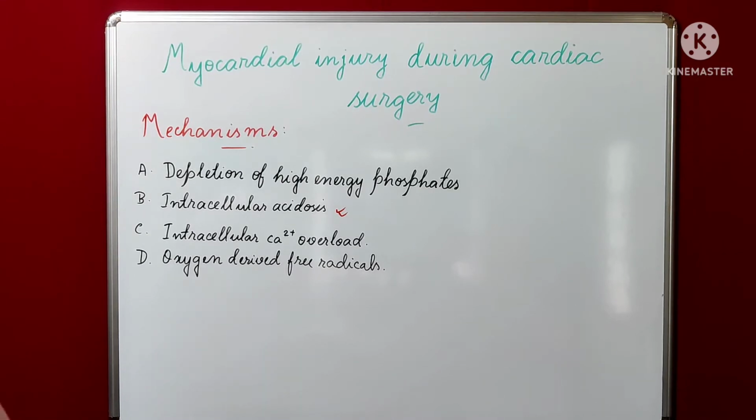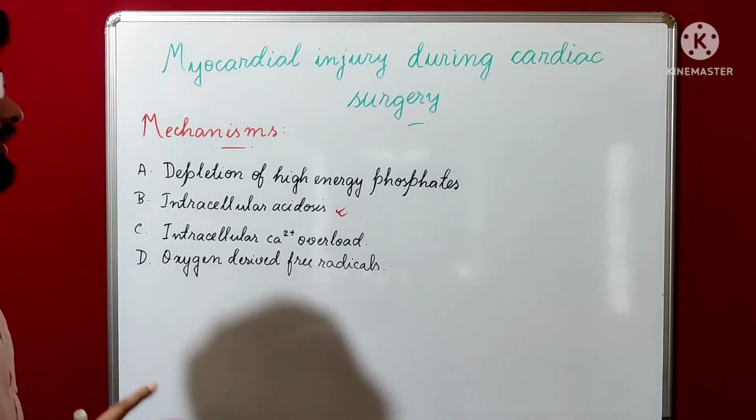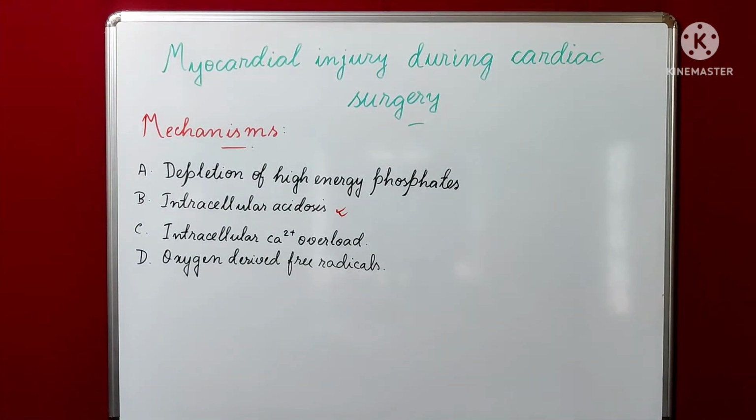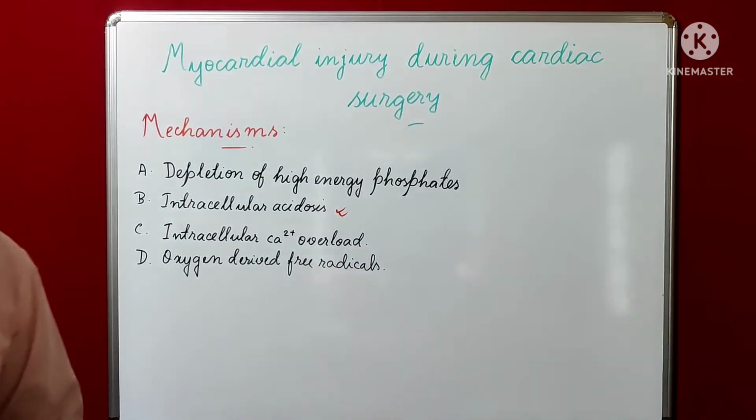Natural free radical scavengers prevent damage under normal circumstances, but these endogenous systems are depleted during ischemia, and thus the activity of natural free radical scavengers is suppressed, and the harmful effects of oxygen derived free radicals overwhelm the natural scavenging system.